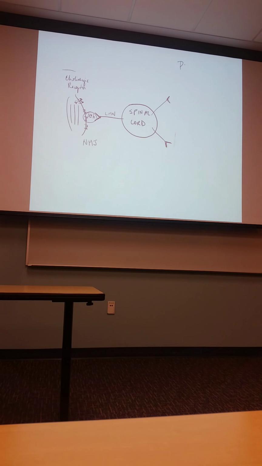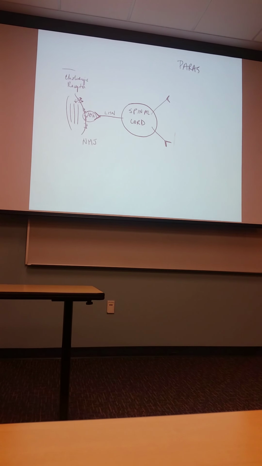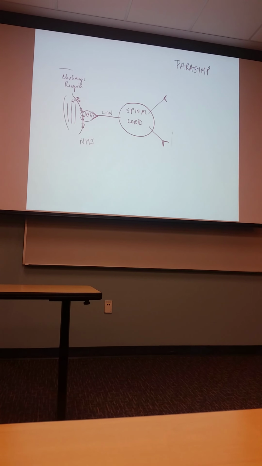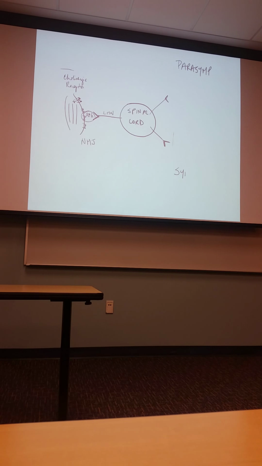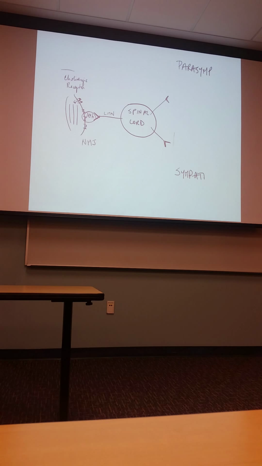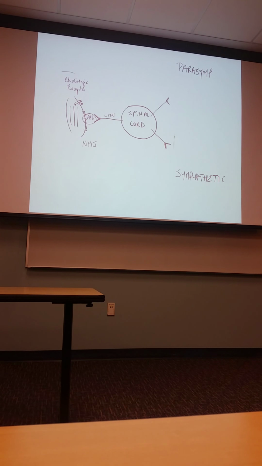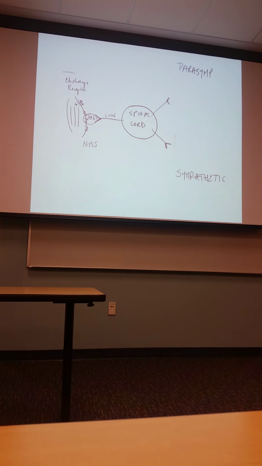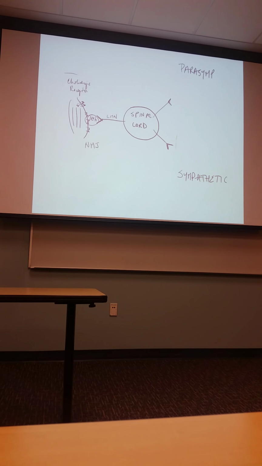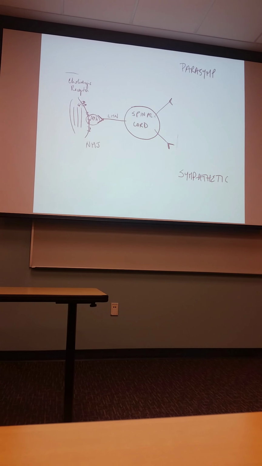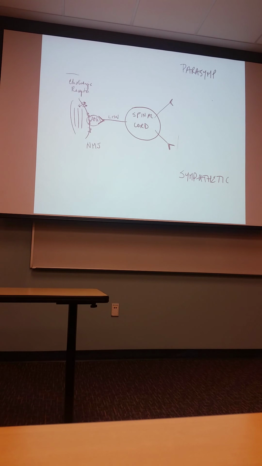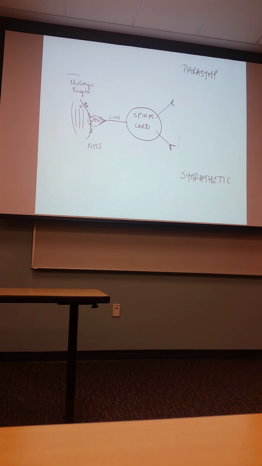On top I'm going to put the parasympathetic, and at the bottom the sympathetic, okay? What is interesting about the autonomic nervous system is that there are two neurons from the spinal cord to the organs that they innervate. You're going to have two neurons, okay?